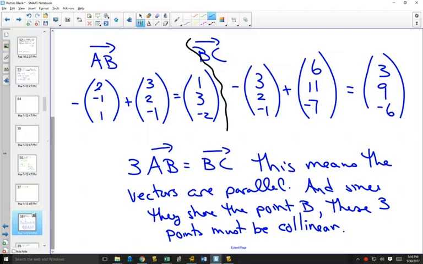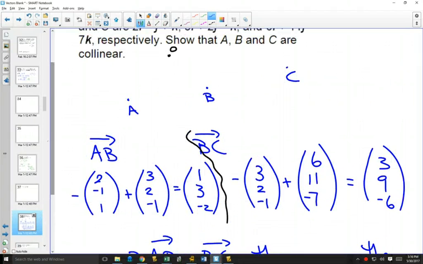So another thing that you could do for this kind of question is you could actually figure out the magnitude of A to B. How long is it from A to B?